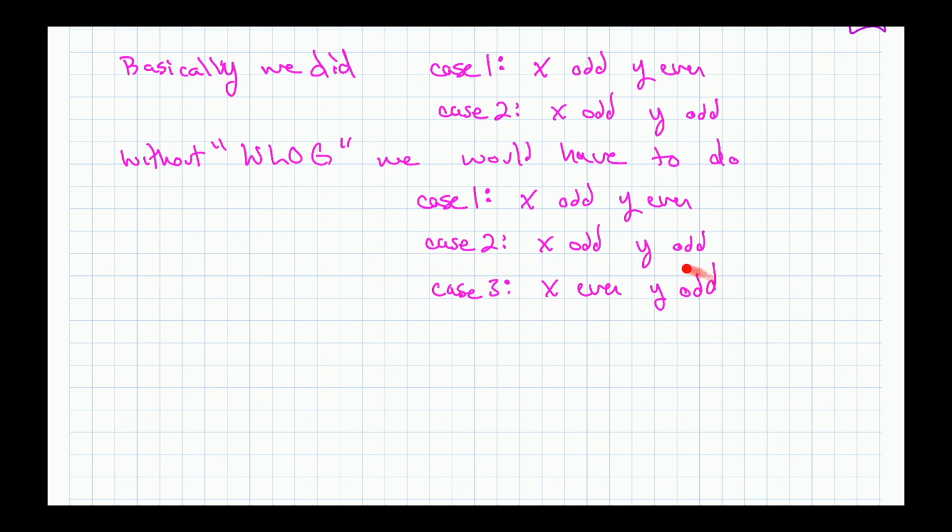So it would have only been one extra case if we had skipped the without loss of generality. We could have done it, and it would have only been slightly more work, but we saved work with the without loss of generality. That's what it's for. It didn't matter which one was odd, so we just said, let's make sure it's x.